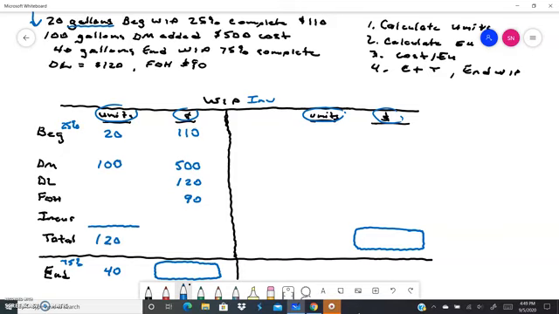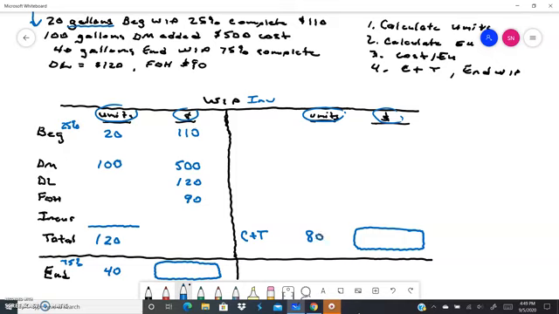If 40 of them are in ending inventory, I'm going to put total completed and transferred out production. So what I have that's completed and transferred must be 80. If I have 120 units, 40 of them are still there, that means 80 of them are gone. So they must be done. So here I have 80.